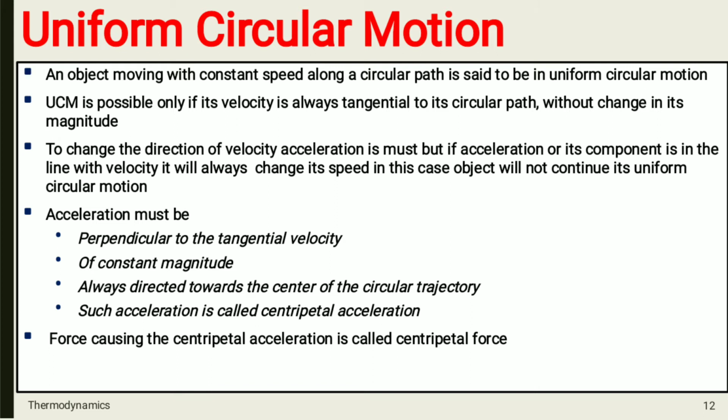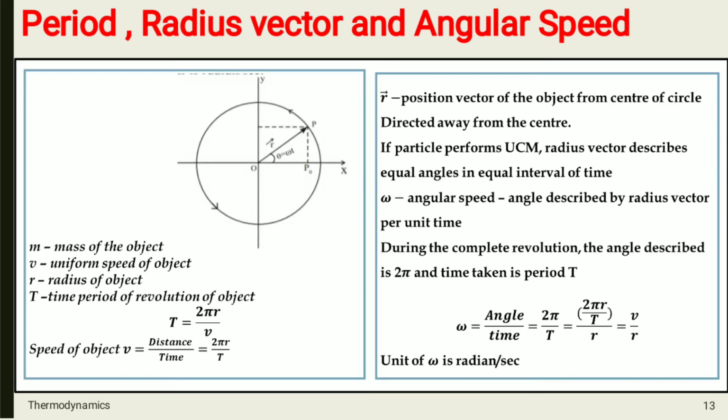The velocity and acceleration of the object are perpendicular to each other, and the acceleration should have constant magnitude and always be directed towards the center of the circular trajectory. Such an acceleration is called centripetal acceleration, and the force causing it is called centripetal force.